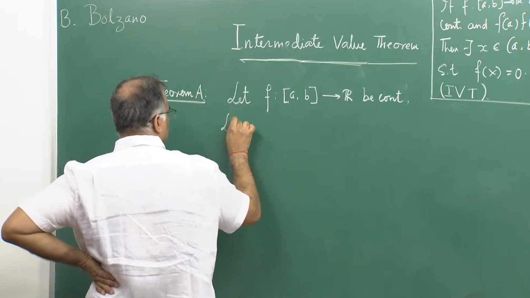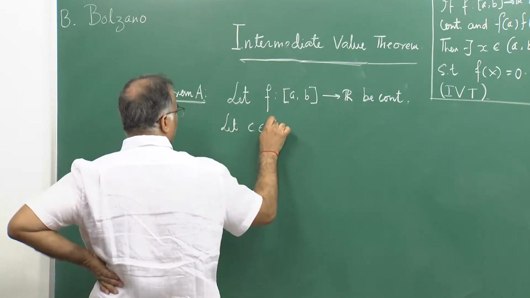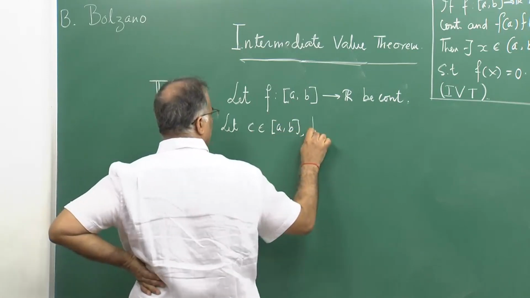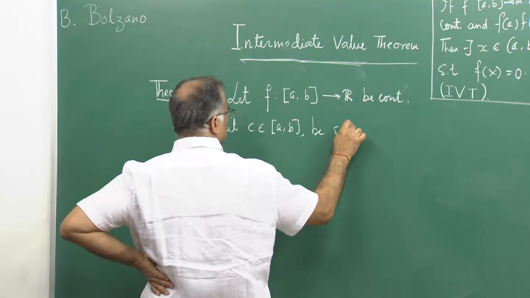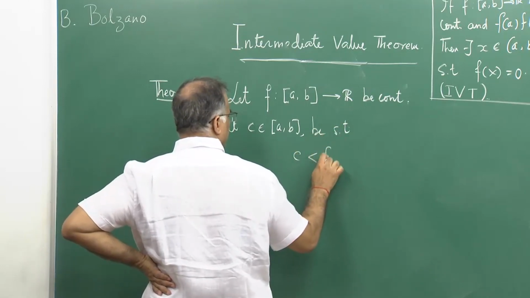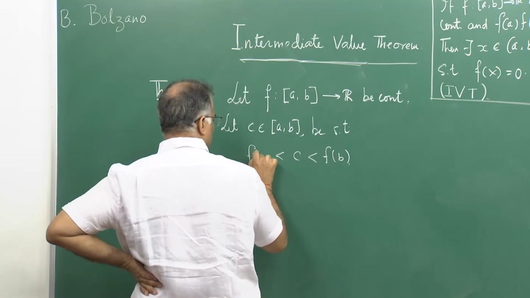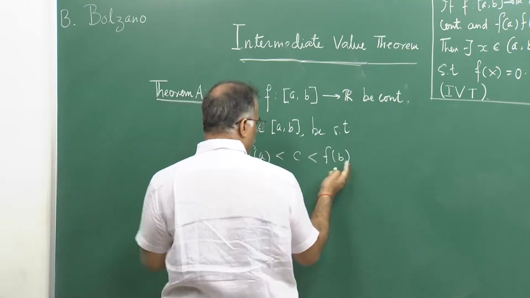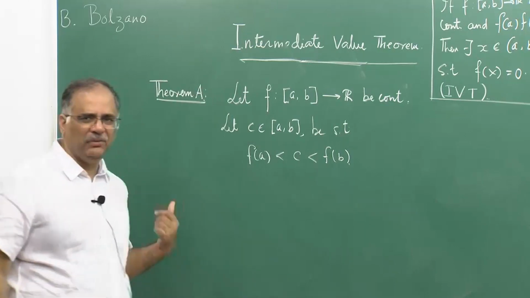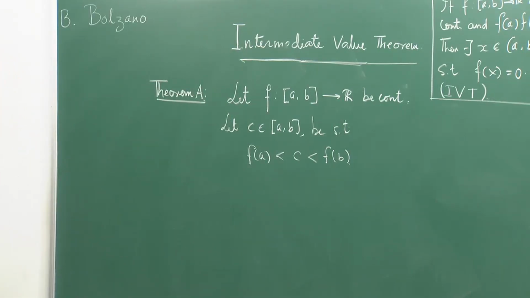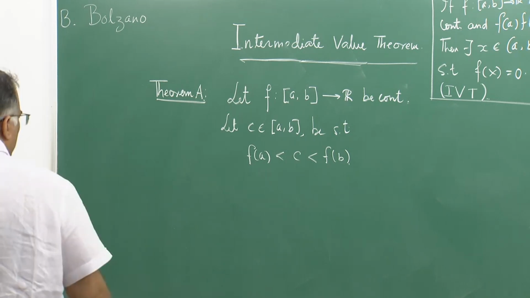Let c, an element of the open interval (a,b), be such that c strictly lies between f(a) and f(b). You see, it could be the opposite, f(a) could be strictly bigger than f(b). Here I am just taking it like this.